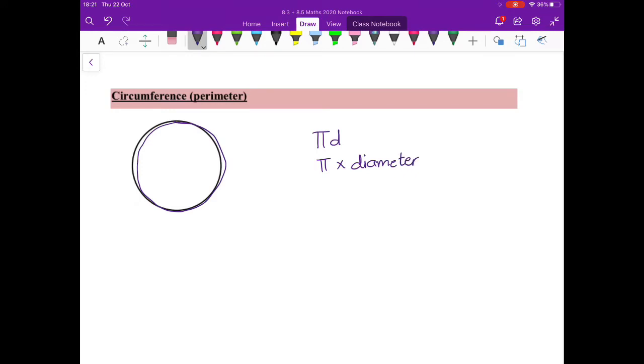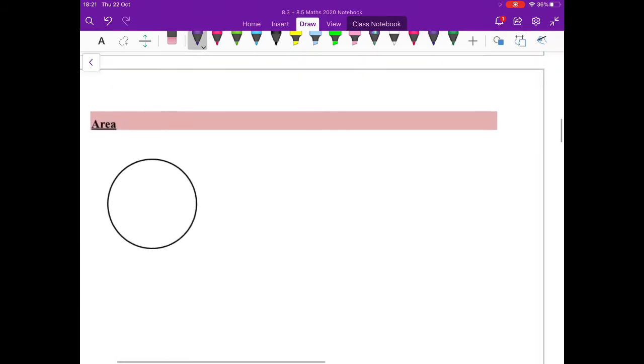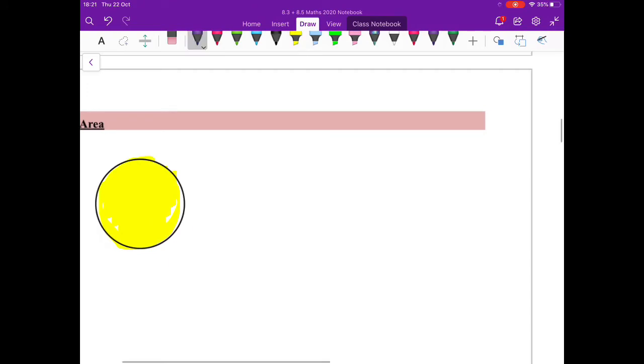That is for the circumference. The area of the circle, which is whatever's enclosed within the circle, that is your area, and area equals pi r squared.